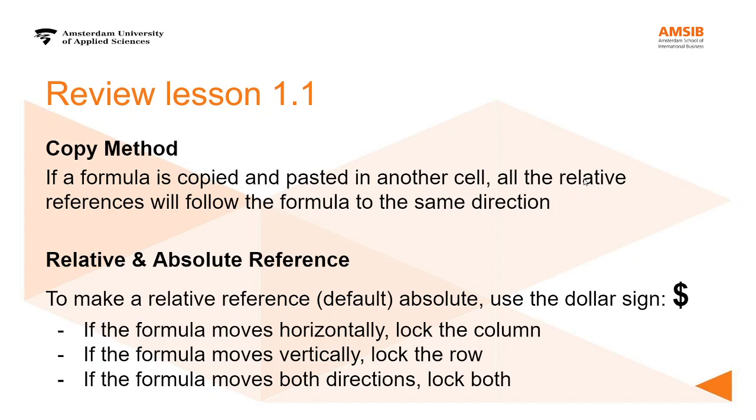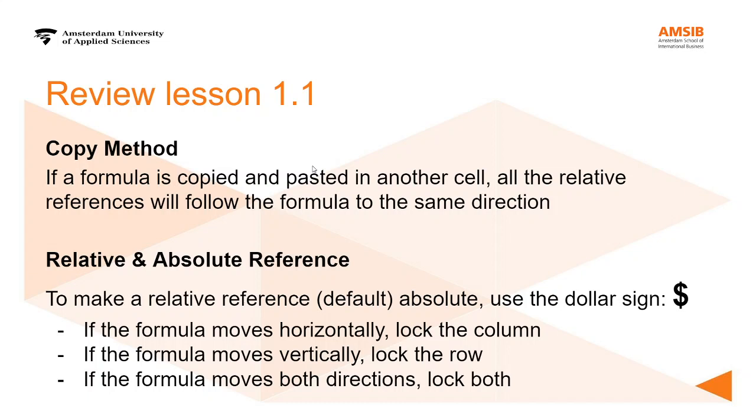So if you copy somewhere, for example, C1 plus B1, and you move this cell to the right side, just one more cell horizontally, the formula will become D1 plus C1. So these kinds of relative copy methods you need to be aware of. When you copy a formula, the formula moves.